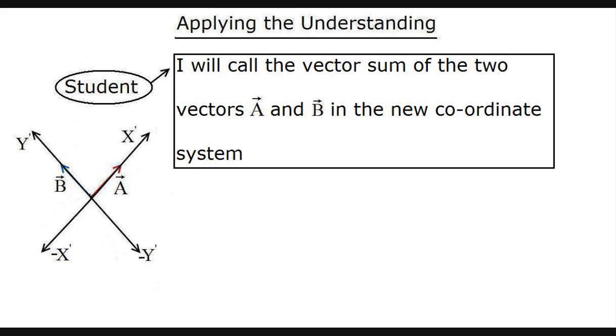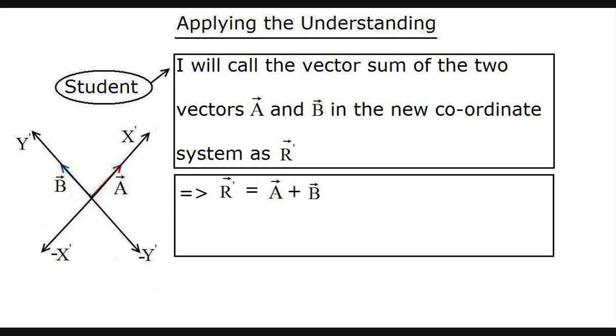I will call the vector sum of the two vectors in the new coordinate system r prime bar, which implies r prime bar is equal to a bar plus b bar, which is equal to 3 times i hat plus 3 times j hat.